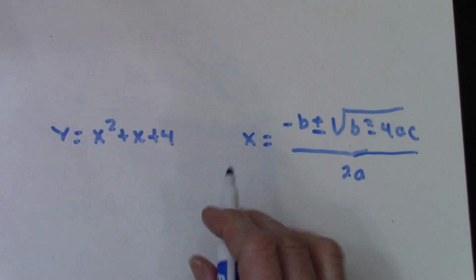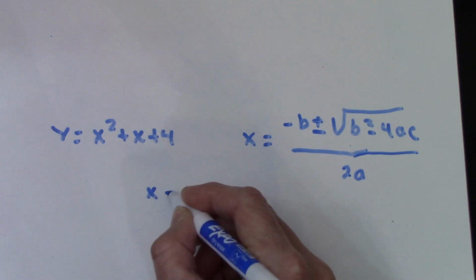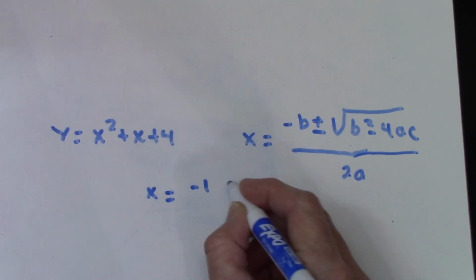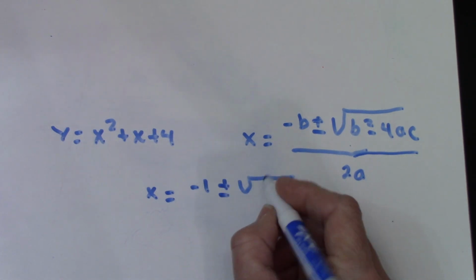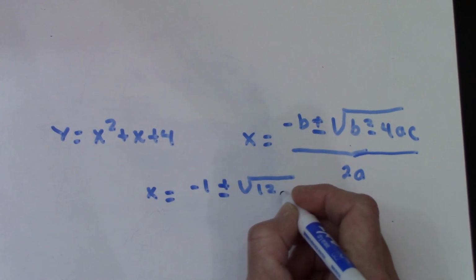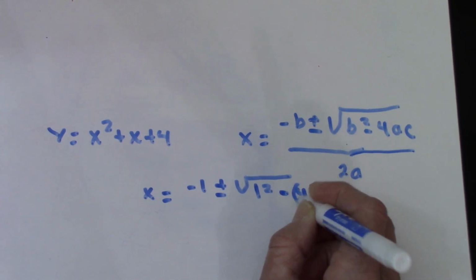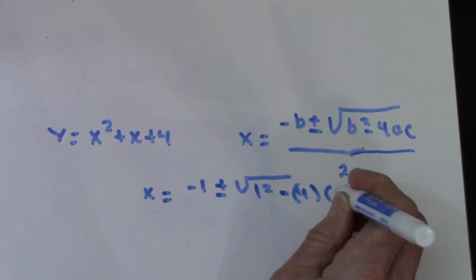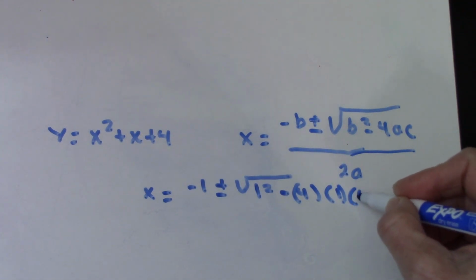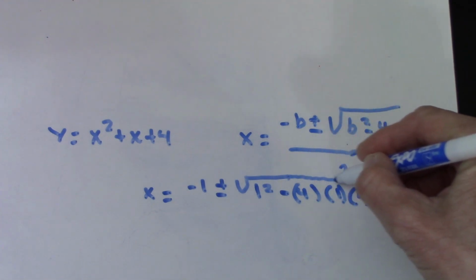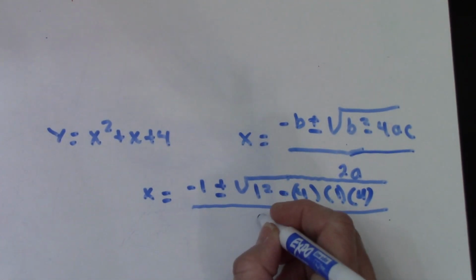Okay, so when we start substituting in our numbers, we have the x value equals negative 1 plus or minus the square root of b squared, which is 1 squared, minus 4 times 1 times 4, all over 2a.